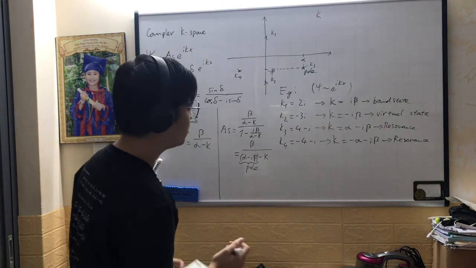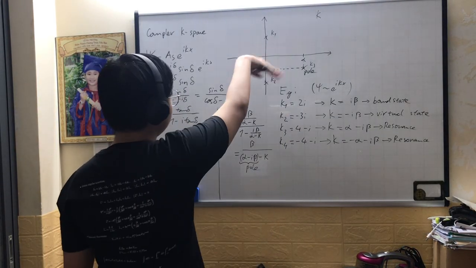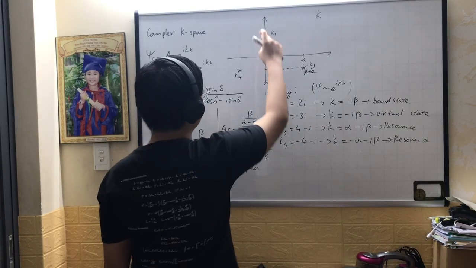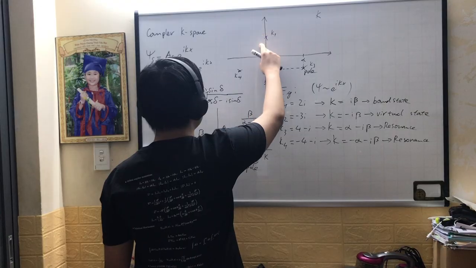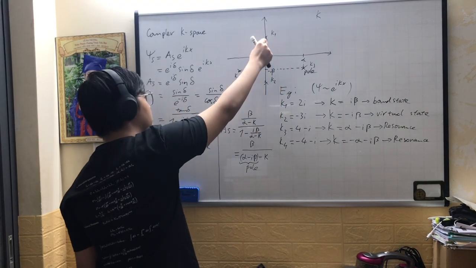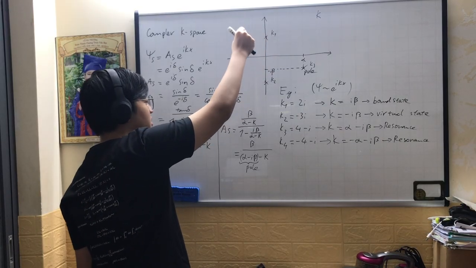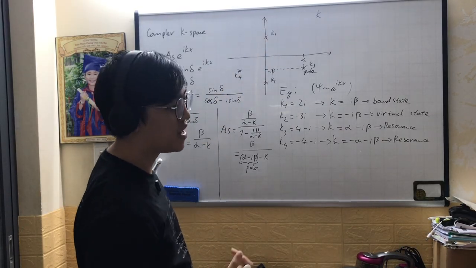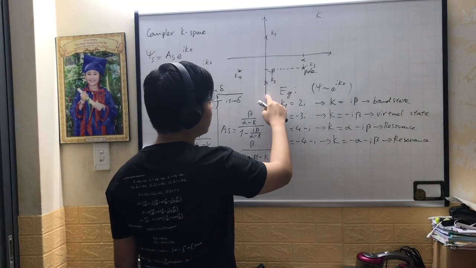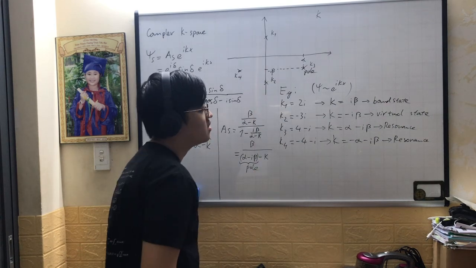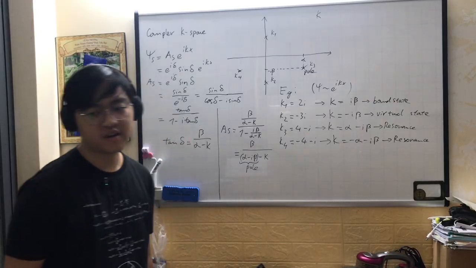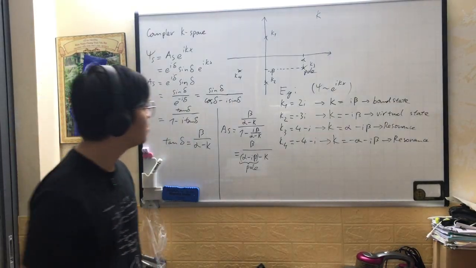So all in all, from this complex k-space, what you can get is that when your k is lying directly on the positive side of your imaginary k-axis, that would indicate bound states. And when you have a k on this side of the imaginary k-axis, that would indicate virtual states, or some people call them anti-bound.